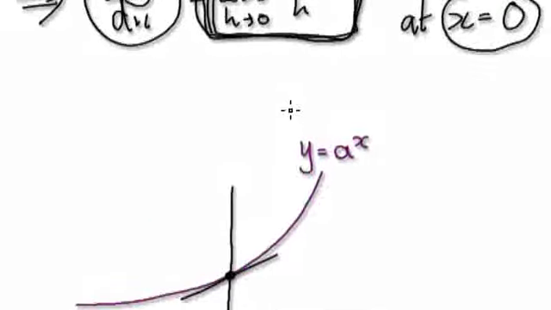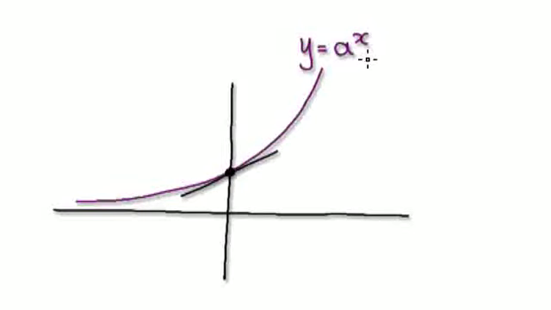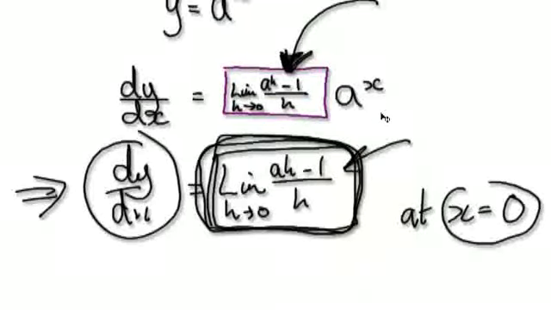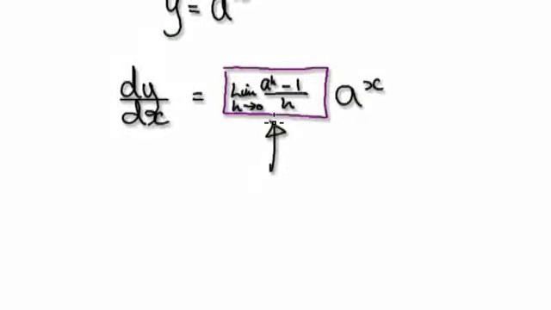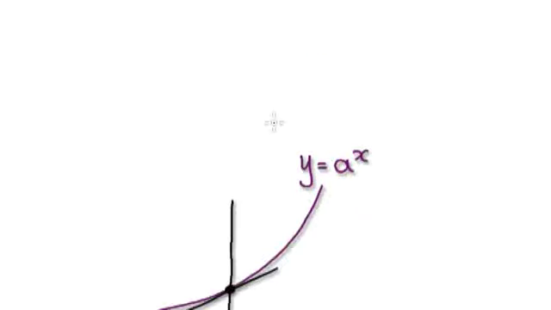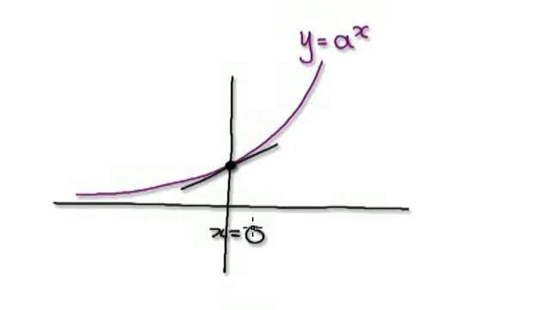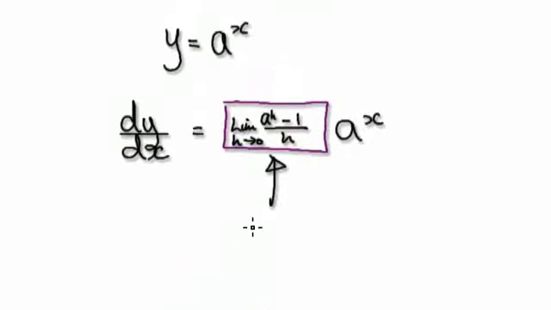Another way of understanding this block is this: you've got your graph y equals a to the power of x, and the block that we're trying to understand is really the gradient at x equals 0. That's just another way of trying to understand this block.